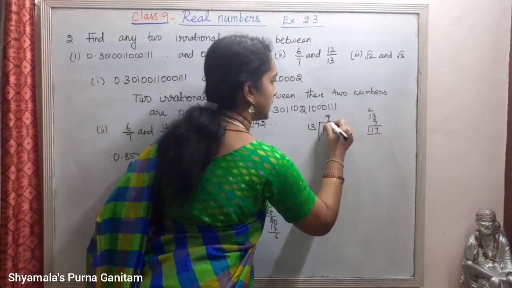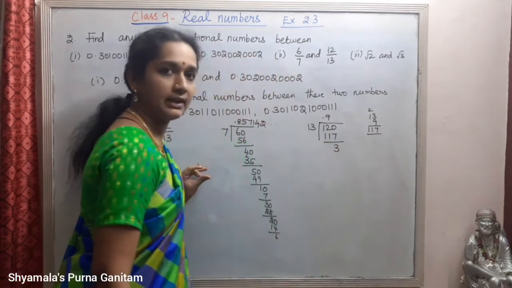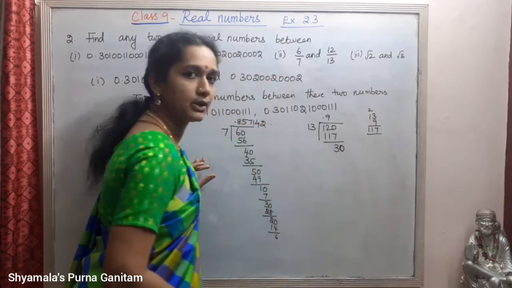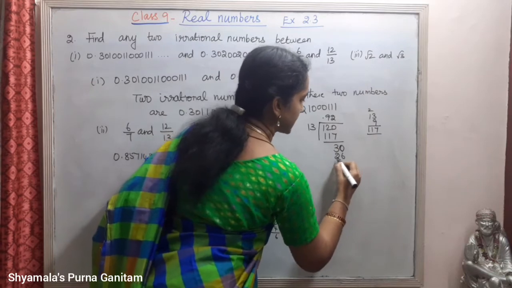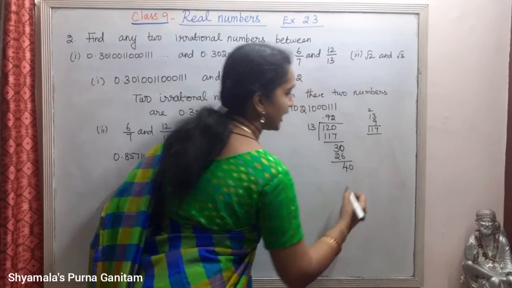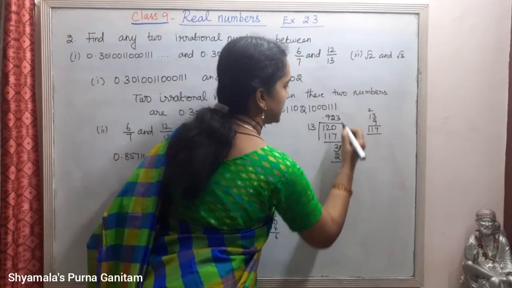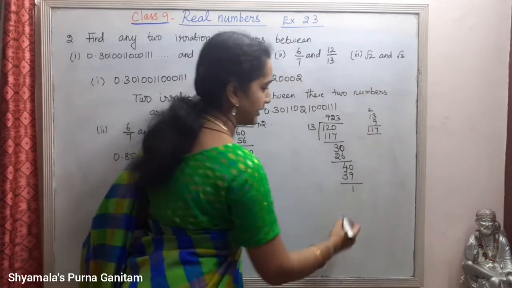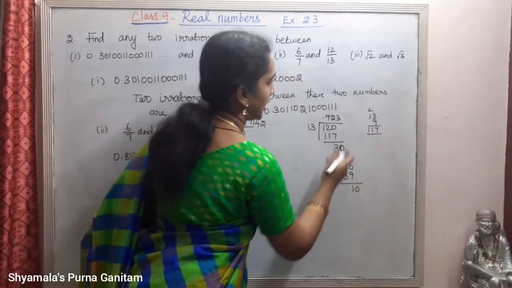So 13 into 9 is 117. So the remainder is 3 here. So 30. Since decimal point is there, we can add 0. 30. 2 times it is 26. Remainder is 4. We will add 0 here. So then 3 times it is 39. Again remainder 1.